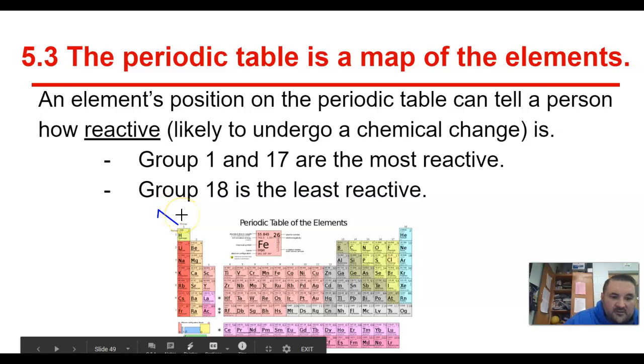Alkali metals only have one valence electron. Halogens need only one. So losing one, gaining one makes them very, very reactive. Group 18 is the least reactive.